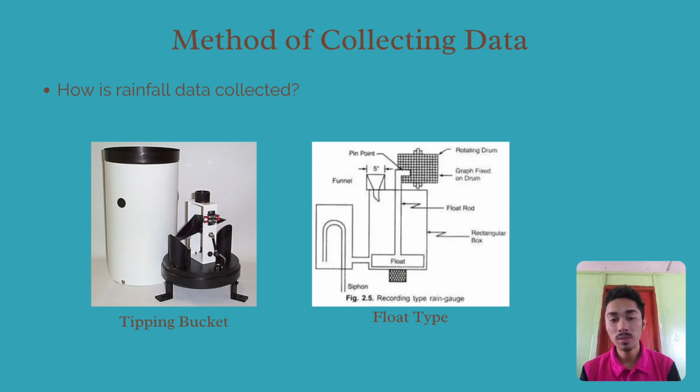These gauges have a container placed on a scale. As rainfall collects in the container, the increase in weight is recorded, providing a measured amount of rainfall. There is also another type that is uncommonly used in collecting rainfall data, the float type, which is dependent on the atmosphere and humidity of the surrounding area.